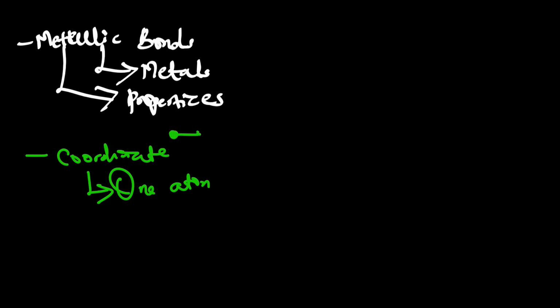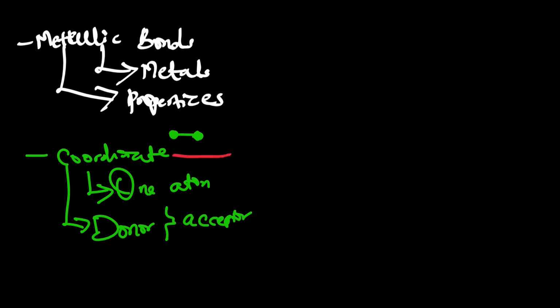Remember that a bond is formed by 2 electrons, so the electrons needed in forming the bond were donated by only one of the atoms. So in coordinate bonding also, there is what is known as donor, where one of the atoms acts as donor and the other acts as acceptor. Do you get that?